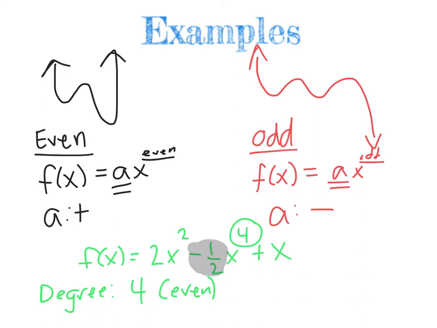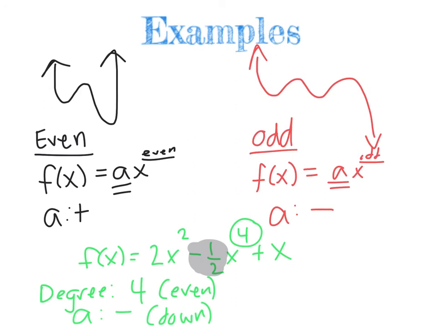Because it's negative, it means that the arrows are pointing down. So if I'm going to do a sketch here, this is what I can expect.